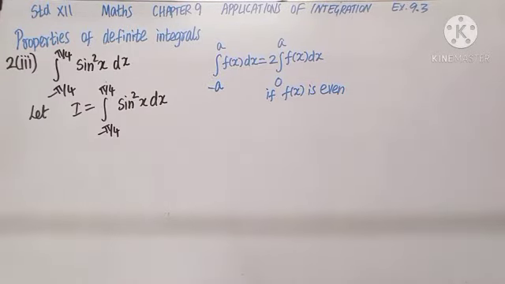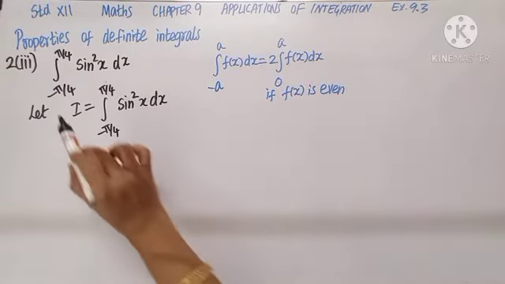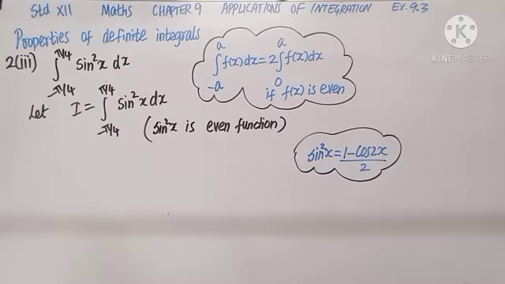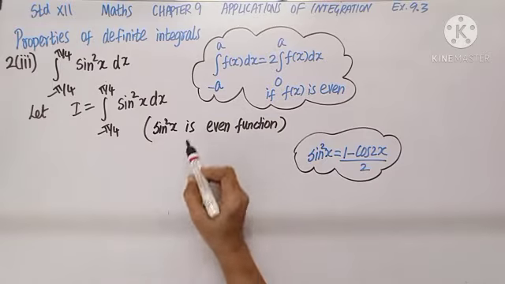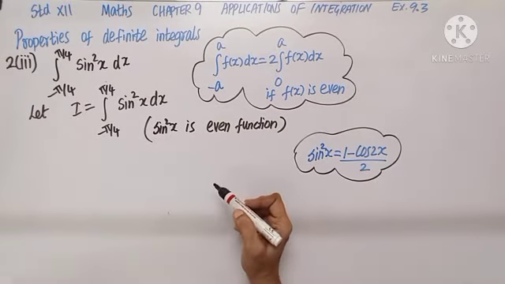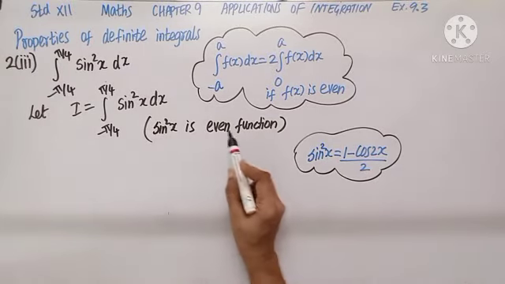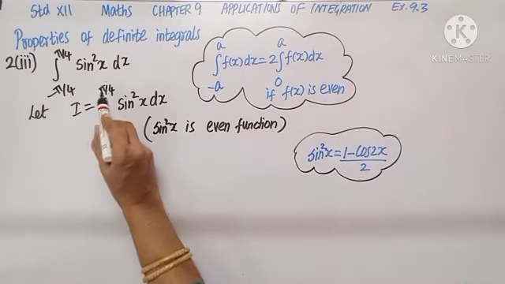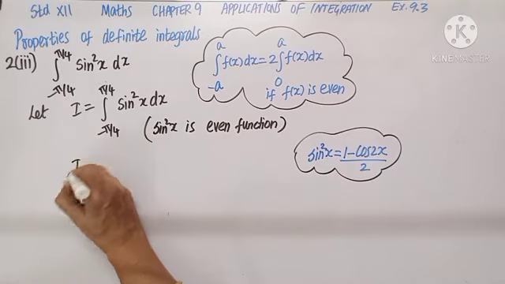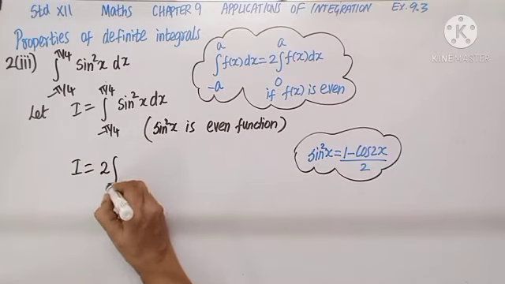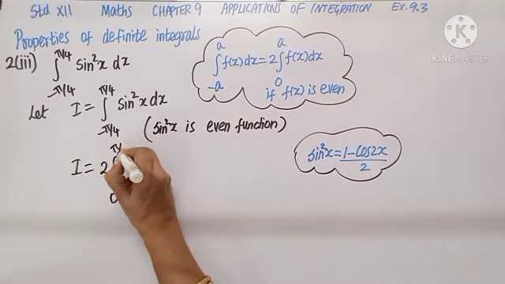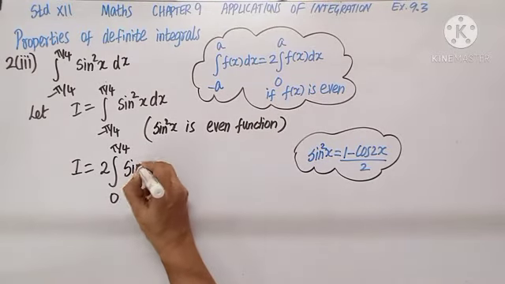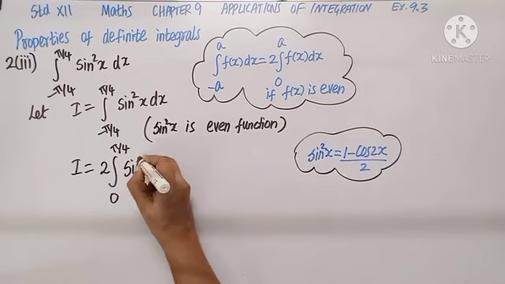Question number 3. Integral from minus pi by 4 to pi by 4 of sine square x dx. Sine square x is an even function. Whenever it is an even function, from minus pi by 4 to pi by 4, I can rewrite as twice integral 0 to pi by 4, applying this formula, sine square x dx.